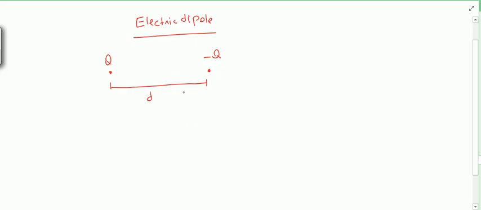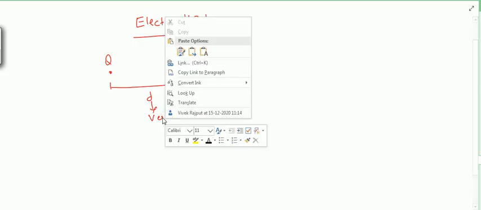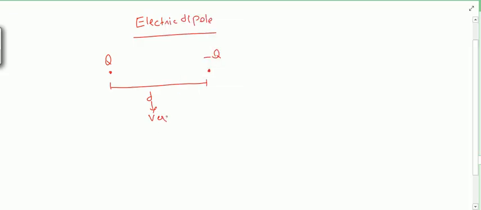So when two equal and opposite charges are separated by a very small distance between them, this d is very small, so this forms an electric dipole.